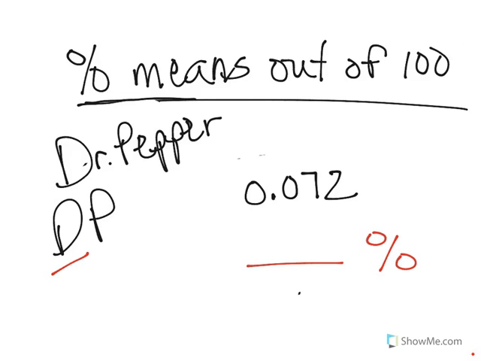Why 2 places? Because it's out of 100, 2 zeros. But Dr. Pepper, a little trick, Dr. Pepper has 2 letters. We're going from a decimal to a percent, so we're going to the right. So this would give me 7.2%.